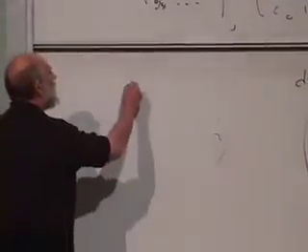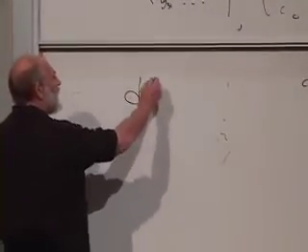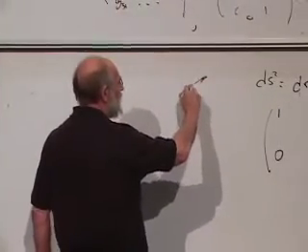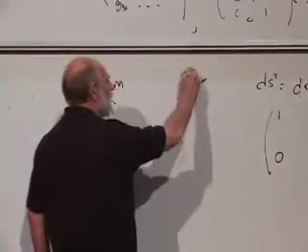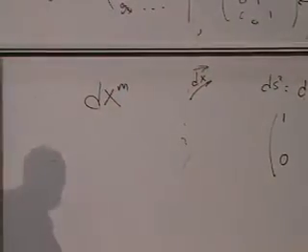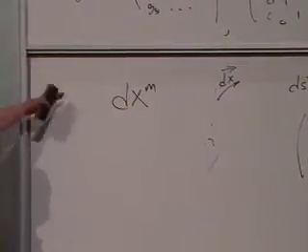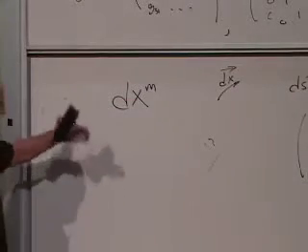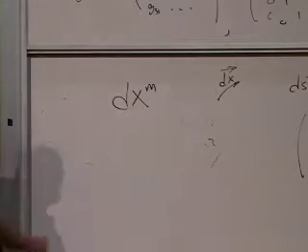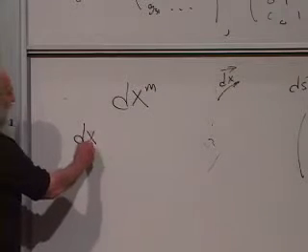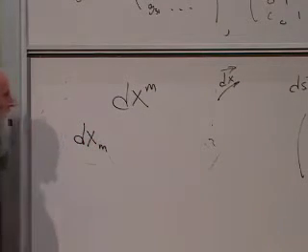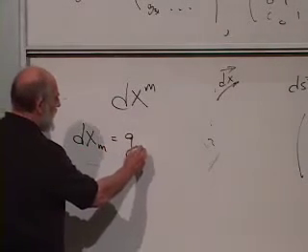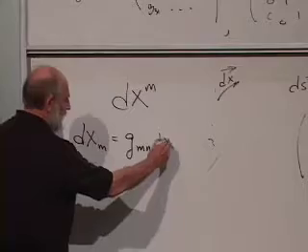In particular, take the object dx^m. That stands for a little interval dx, a little vector. It's natural to think of the little interval as having contravariant components. But you could also define an object dx_m, the same vector, by writing it as g_mn dx^n.